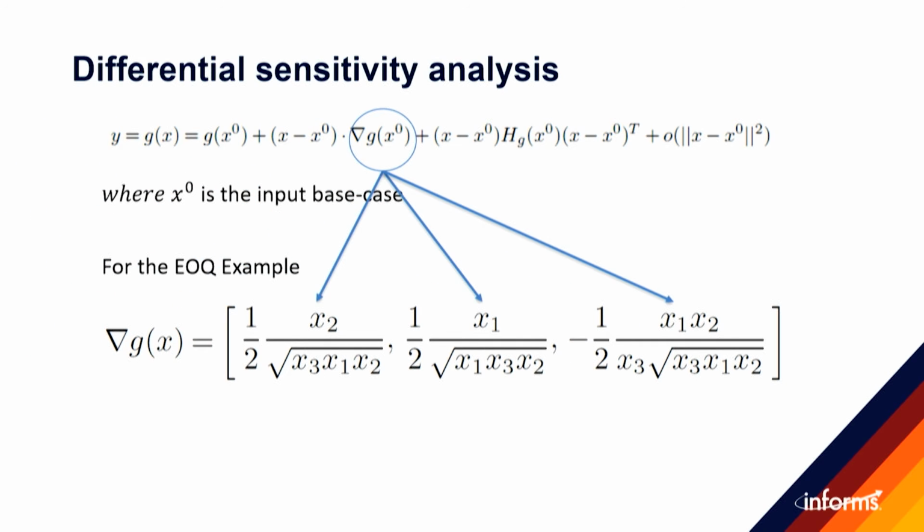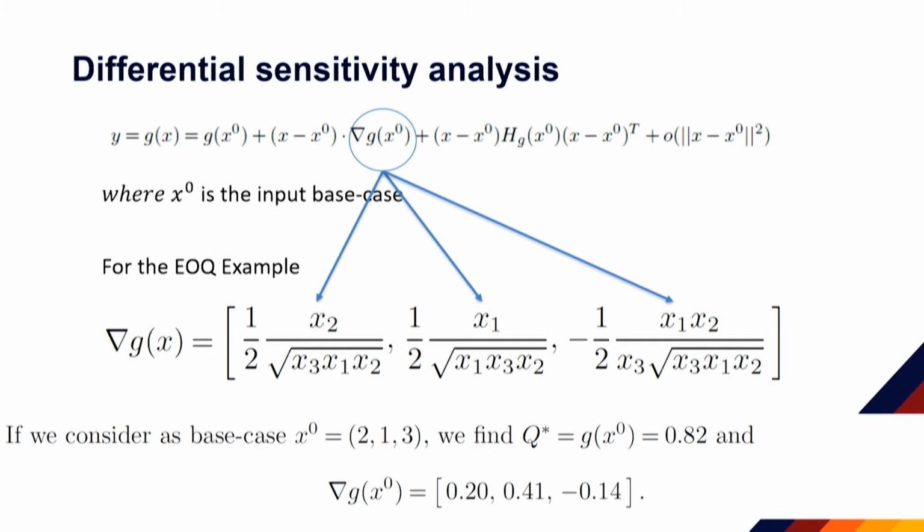For the EOQ example, if we use the gradient as a sensitivity measure, so we use the partial derivatives, what we would find is these three expressions. Okay, if we decide that our reference point is (2, 1, 3), I inserted the numbers by chance, we would find that the optimal order quantity is 0.82, and the values of the derivatives are 0.20, 0.41, and minus 0.14.